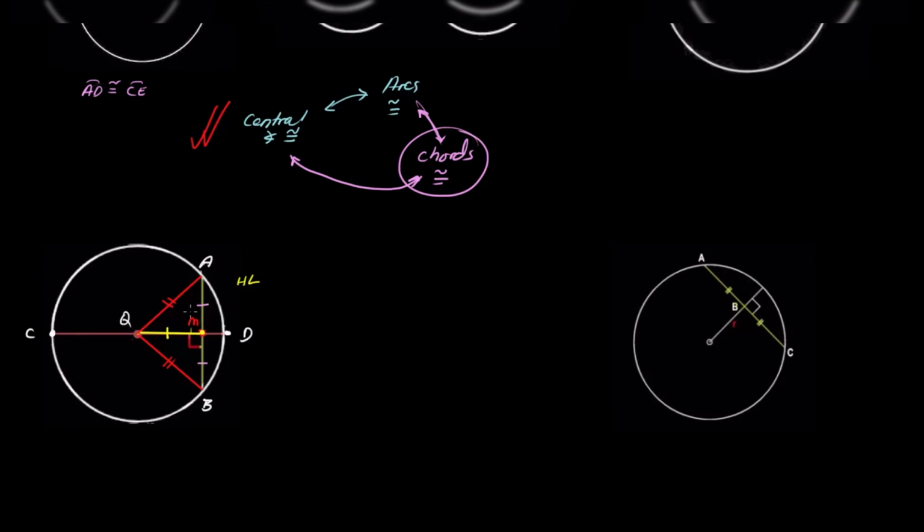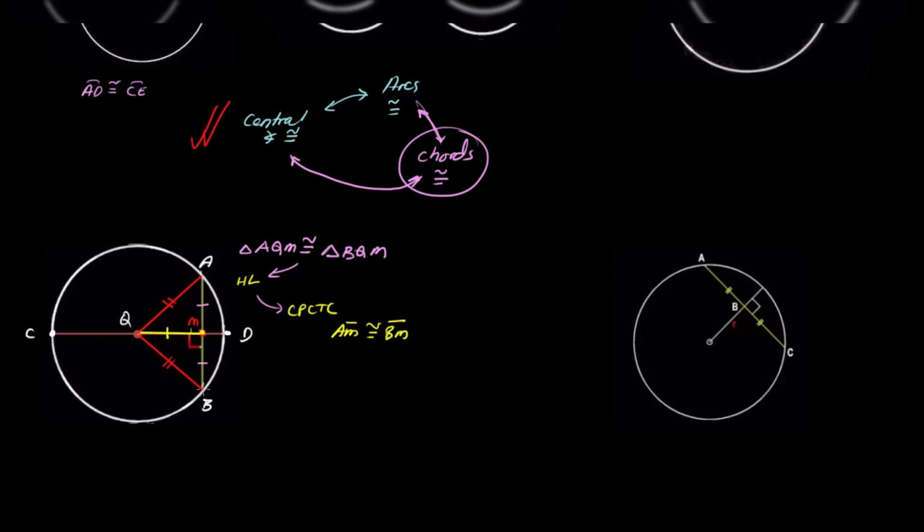So let me just write down, triangle AQM is going to be congruent to triangle BQM by hypotenuse leg. And then by CPCTC, I like saying that, the corresponding parts of congruent triangles are congruent, we get AM, that's this segment here, is going to be congruent to BM.